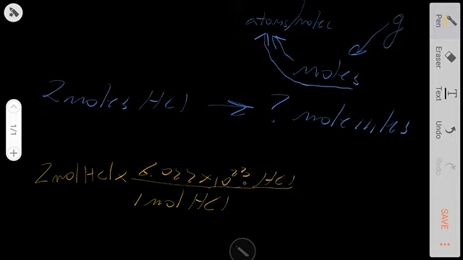Moles of HCl cancel with moles of HCl. This is going to be 2 times 6.022 times 10 to the 23rd, and that equals molecules of HCl.